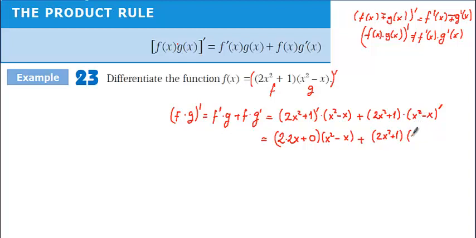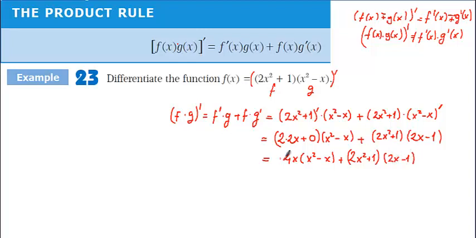The derivative of x squared is 2x, the power comes in front, and the derivative of x, the power is 1, so the answer is minus 1 only. This is equal to 4x times x squared minus x, plus 2x squared plus 1 times 2x minus 1.